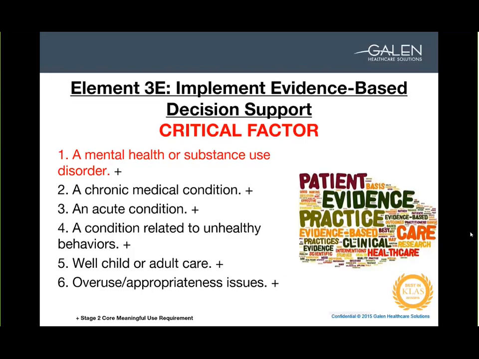And do I have things I'm trying to put in place so there's not overuse of testing, maybe low back pain with certain types of testing, or people who are seeing lots of specialists? Maybe I want to look at anyone who's got more than 2 or 3 specialists and what's going on with them, and what's the decision support and evidence base behind that. How am I providing that to my practice team as well as in taking care of my patients?